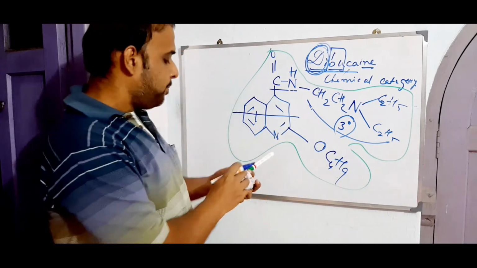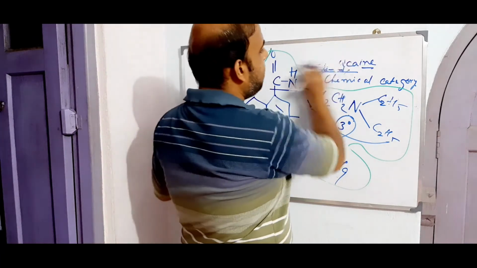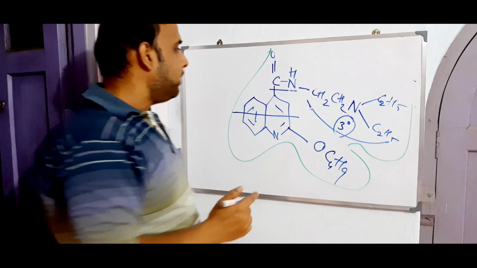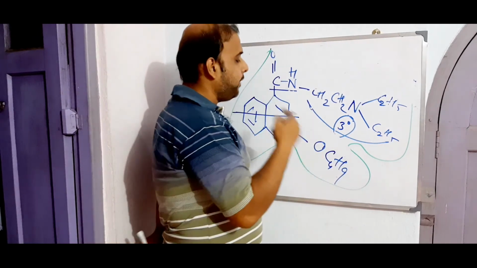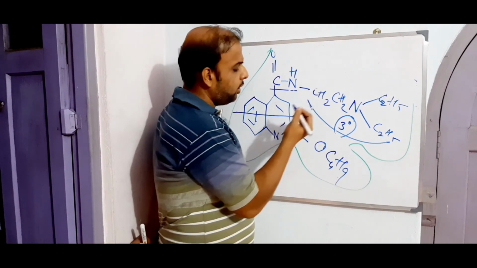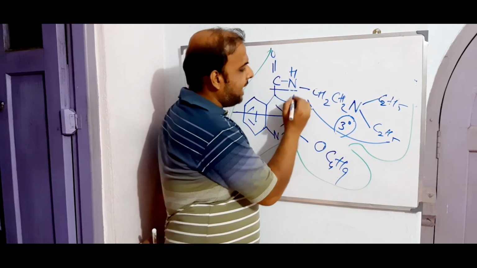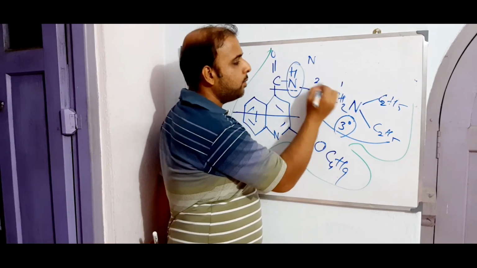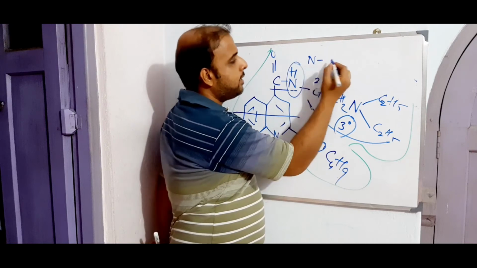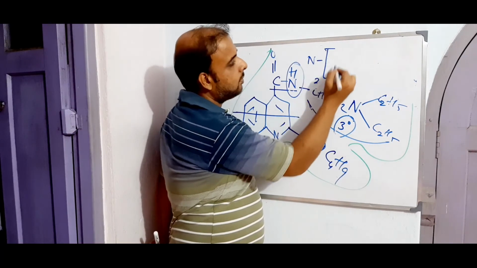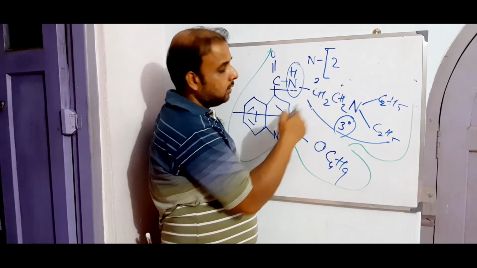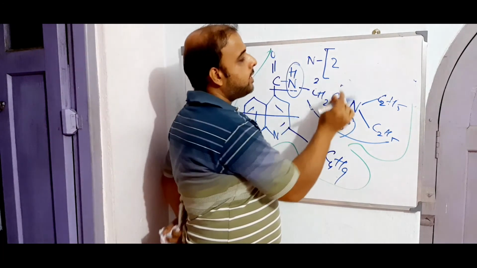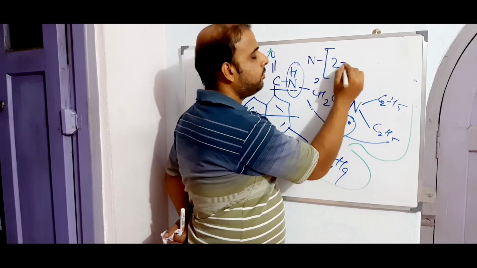If we proceed with the IUPAC name of Dibucaine, first we should start with N. N is holding the 2 of this ethyl, so this is diethylamino.